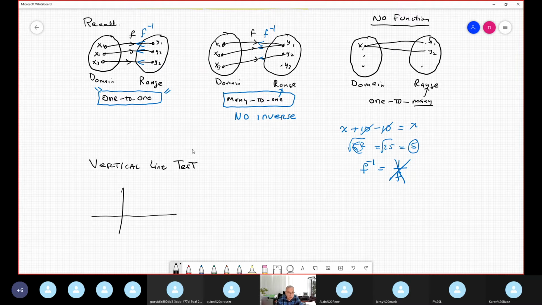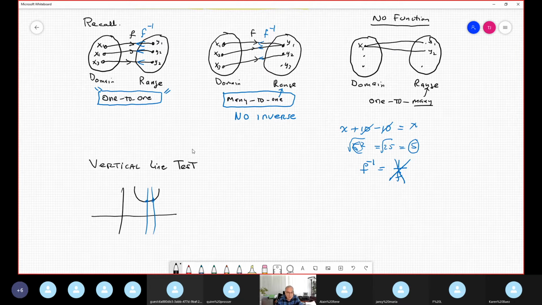Suppose that we have this curve and you apply several hypothetical vertical lines and see each crossing only one point, then it passes the test. This graph is a function.